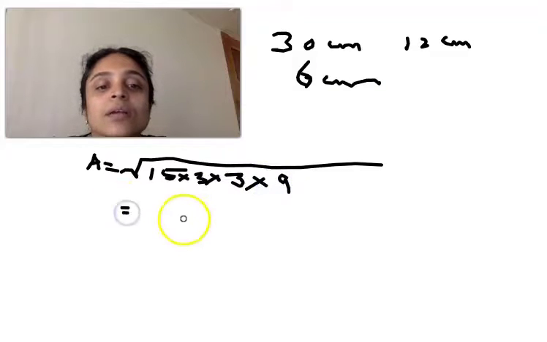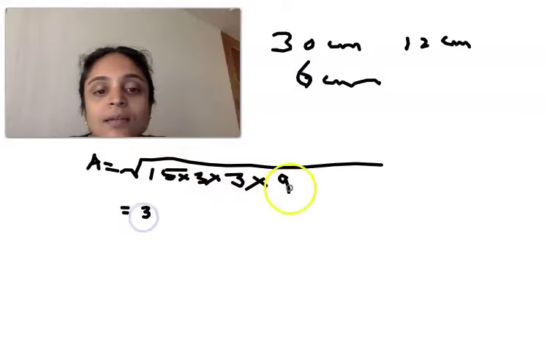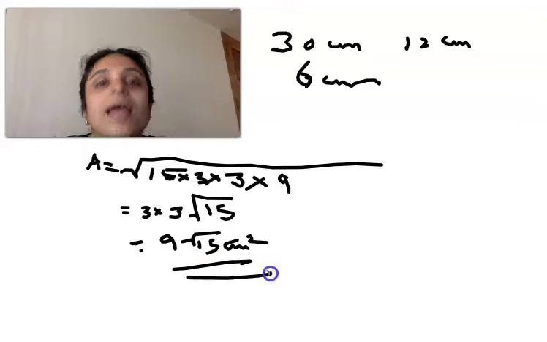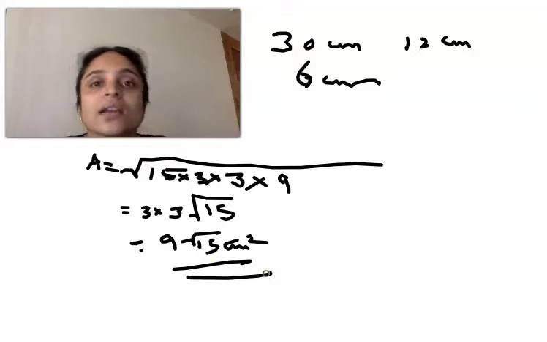So 3 into 3 we can take outside 3, and root of 9 is 3. Root 15, which is equal to 9 root 15 centimeter square. And that is the area of this triangle.